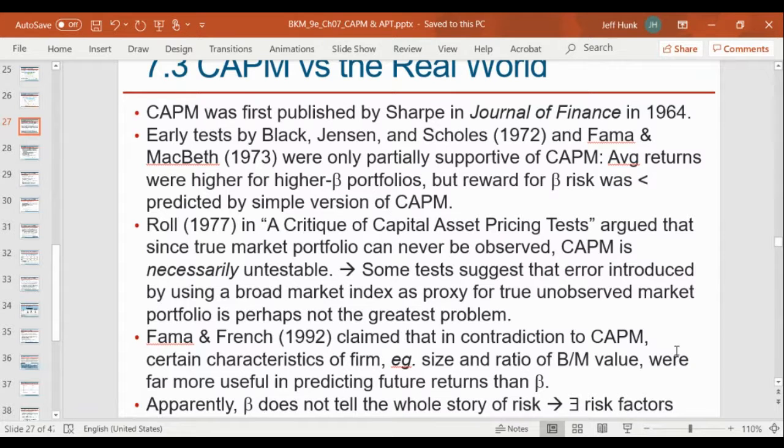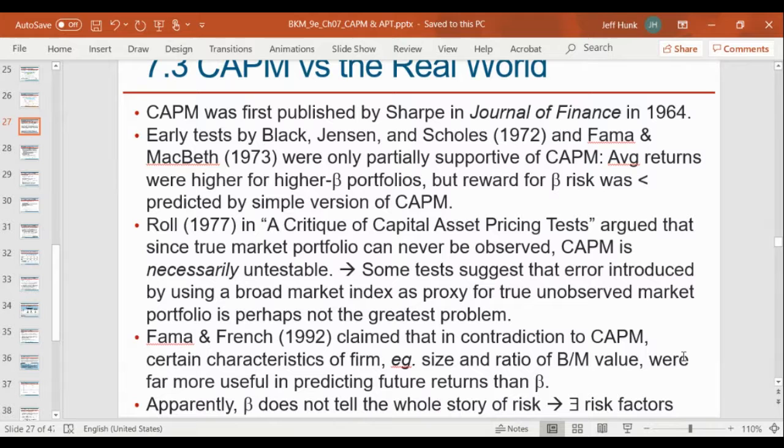But eventually, CAPM survived all those critiques, and even outlived all its competitive models, and still goes strong as the fundamental model, right?